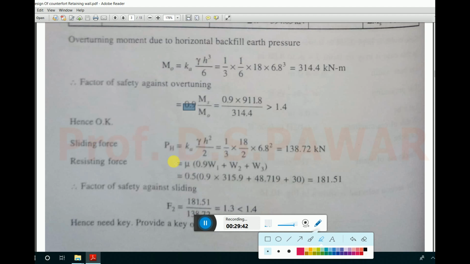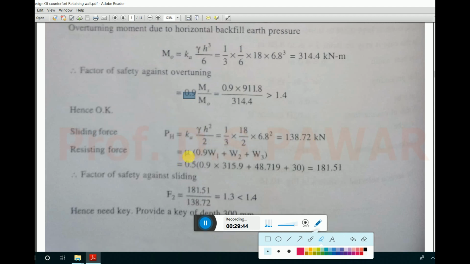And the resisting force: here you have to consider the coefficient of active earth pressure and 0.9. This 0.9 should be written like this, I think there is a printing mistake here. So the coefficient of friction between soil and concrete is mu into 0.9 plus W1 plus W2 plus W3.